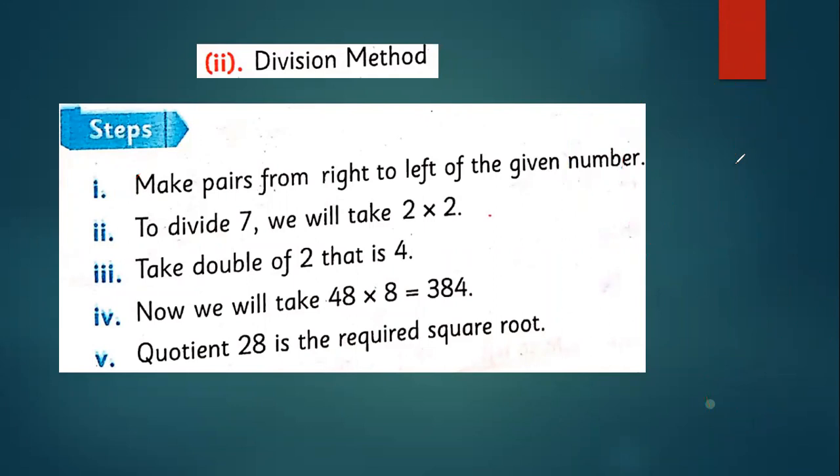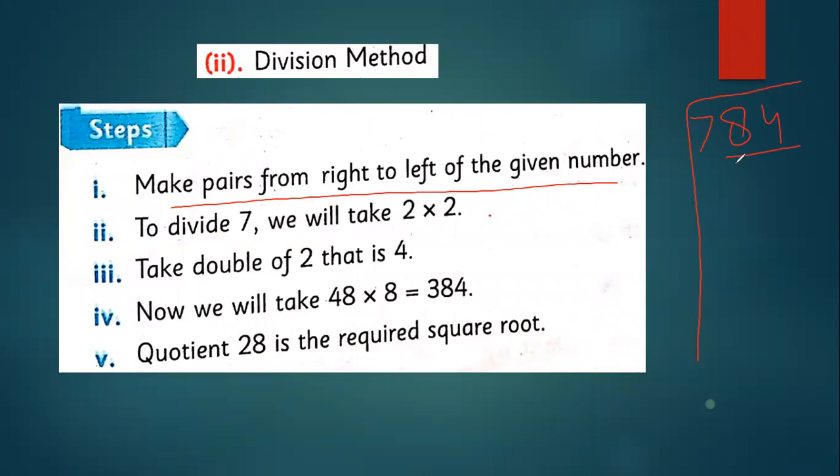Let me do it again. Here we have 784, and we are interested in finding its square root. So first, what we have to do? We have to make pairs from the right. So there is only one pair.